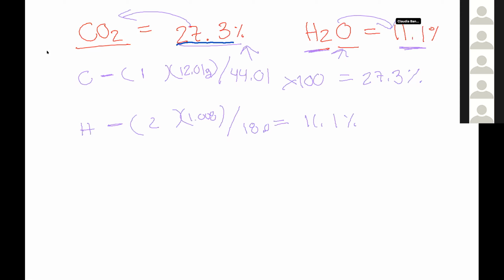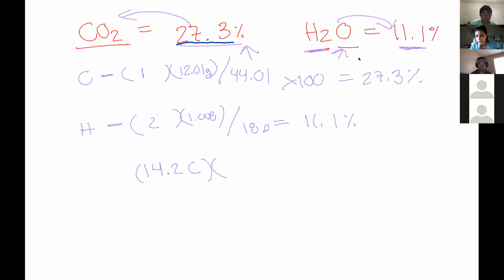Now that we got that, the next step: we know we have, what was it in the problem, 14.2 grams of carbon dioxide, right? And we already know that 27.3% of that is carbon, which is what we want to find out.